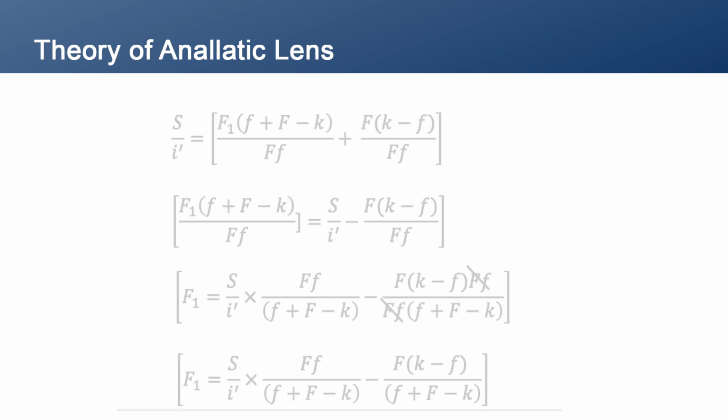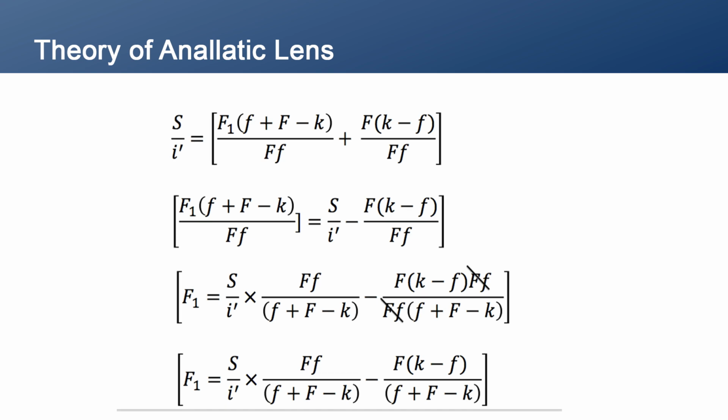Then taking S by I dash to the right and f1 f plus f minus k by ff to the left, we arrive at f1 f plus f minus k by ff is equal to s by I dash minus f into k minus f by ff.